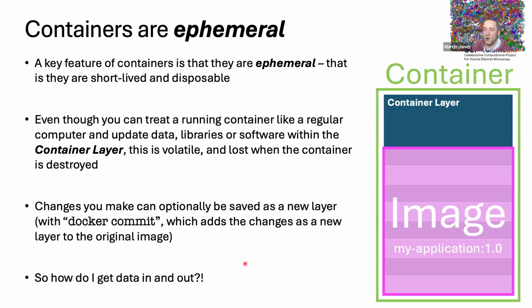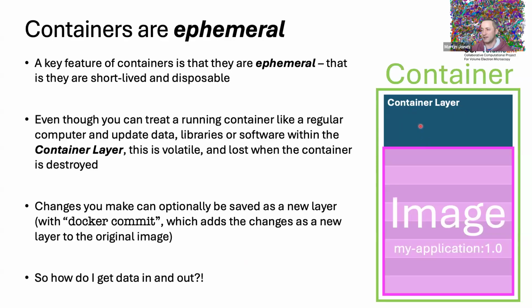Okay, so while the container images are immutable, containers are ephemeral, and that means that they're short-lived and disposable. So when I run the container, it loads into memory and starts doing its processing. But then if I destroy that container, anything that I'd done within this container layer disappears.